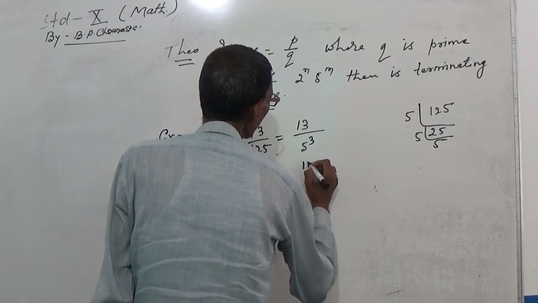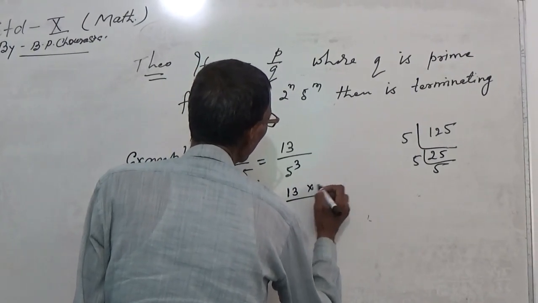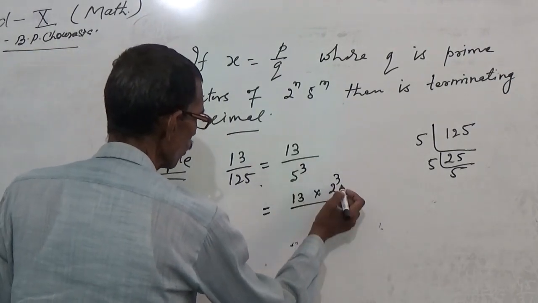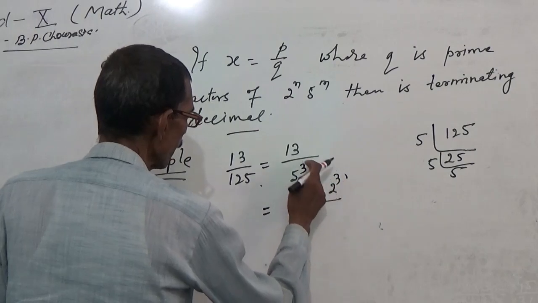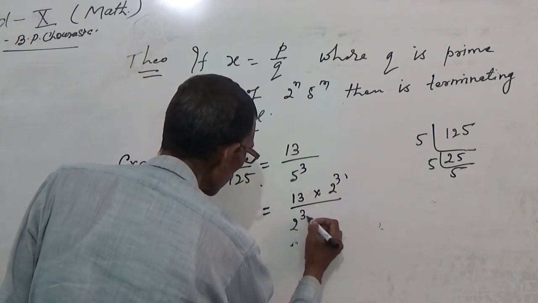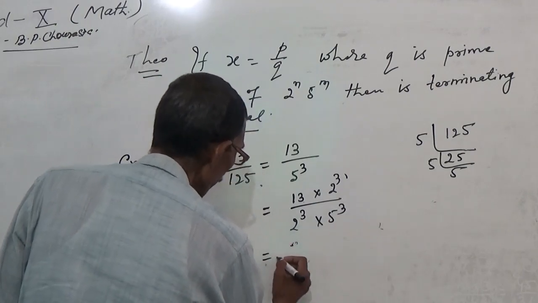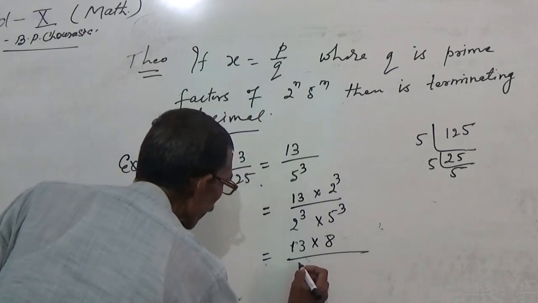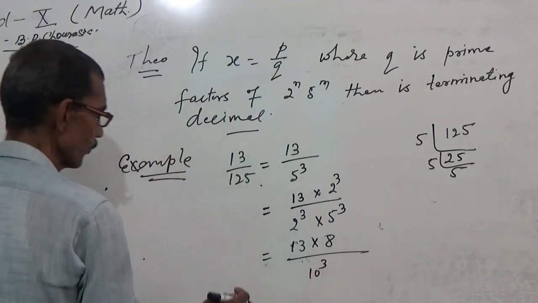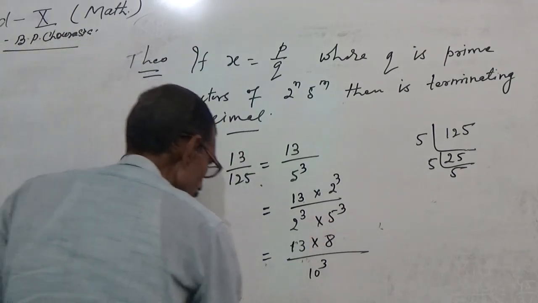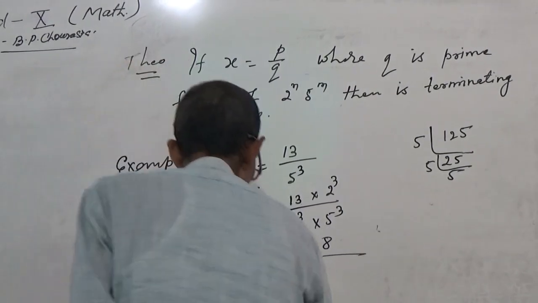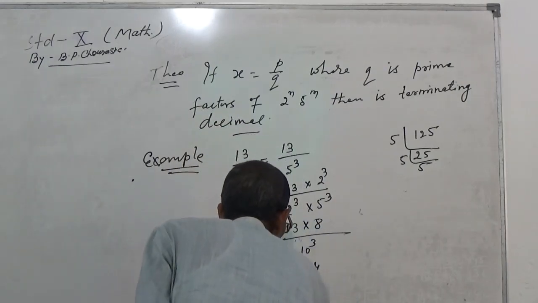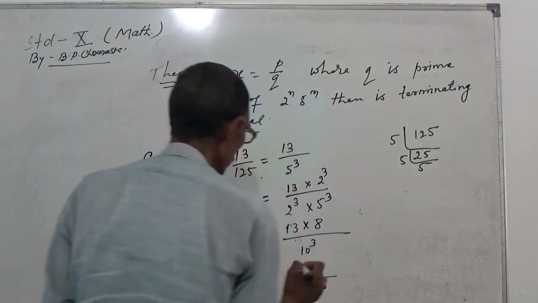Now multiply 2 to the power 3 in both numerator and denominator: 13 into 8 by 2 to the power 3 into 5 to the power 3, which is 104 by 10 to the power 3, that is 104 by 1000.